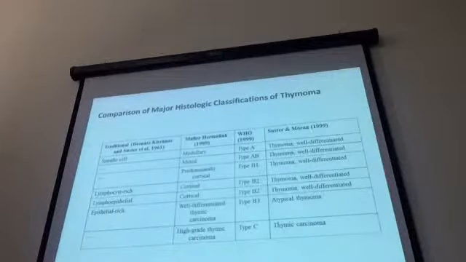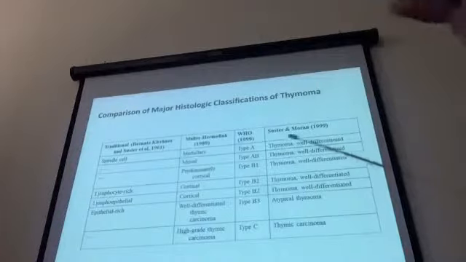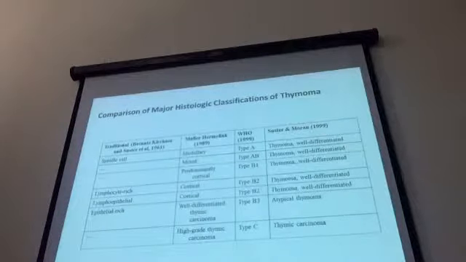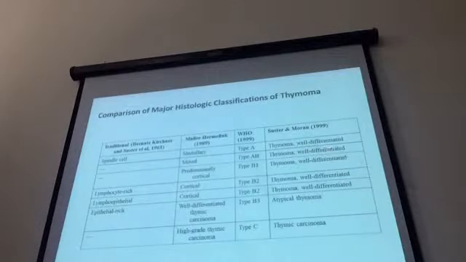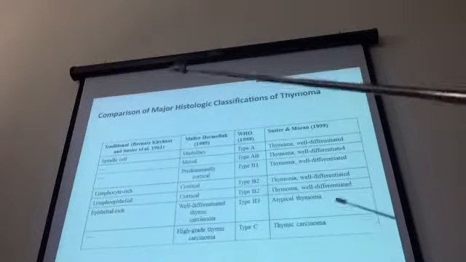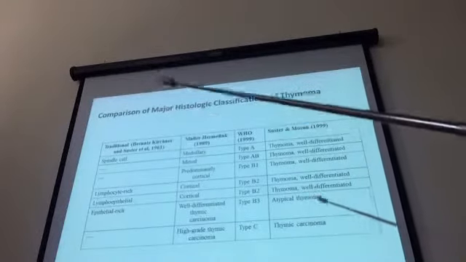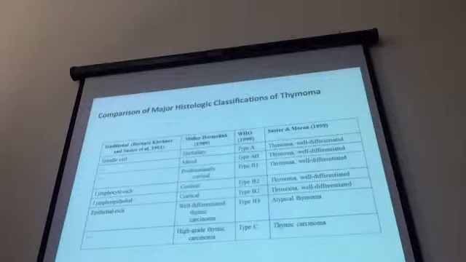It's still in discussion, even though this was 15, 16 years ago. I like Schuster and Moran's classification, which essentially says well-differentiated thymoma or thymic carcinoma, and then an atypical thymoma and thymic carcinoma.